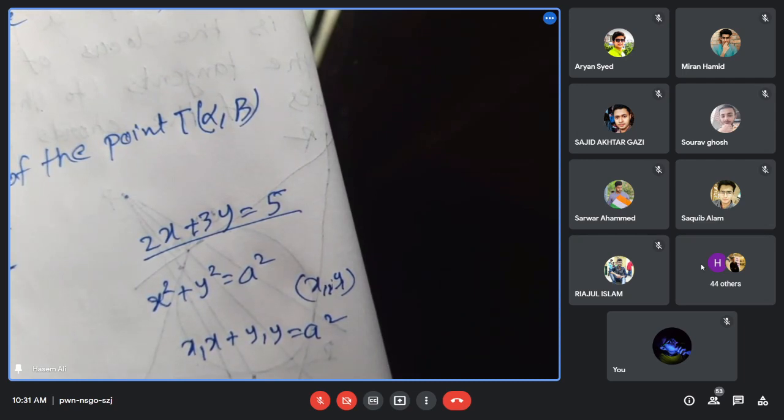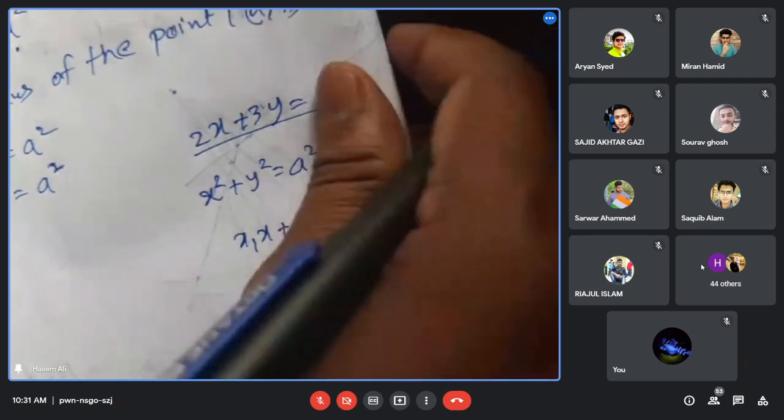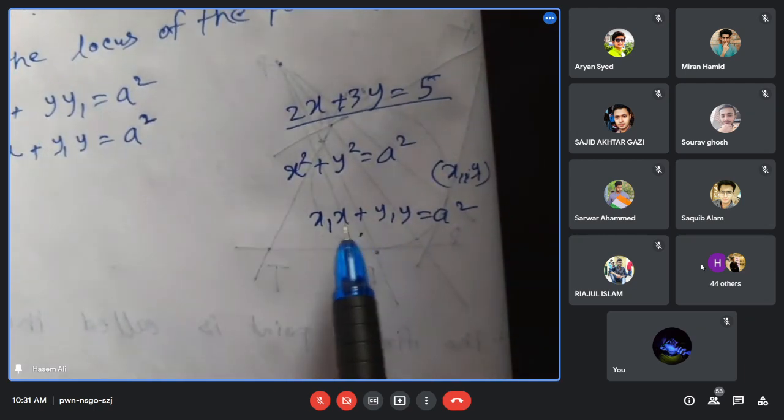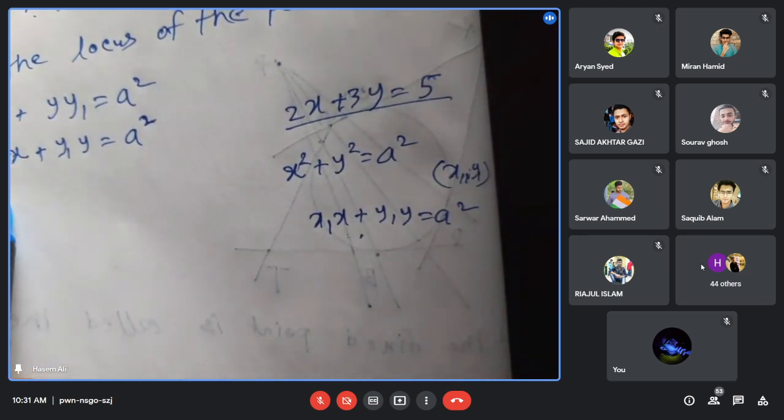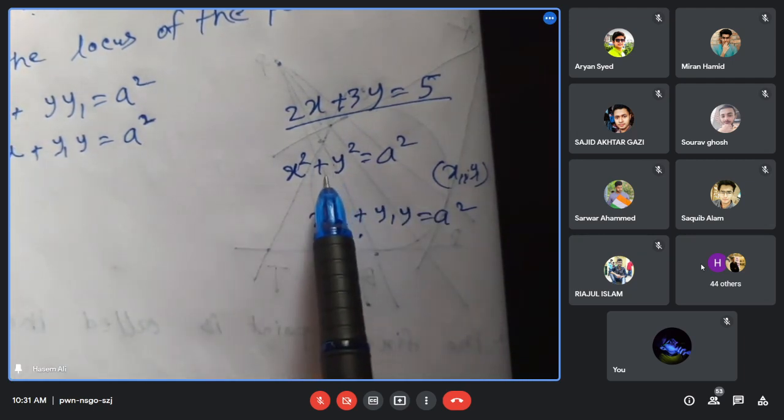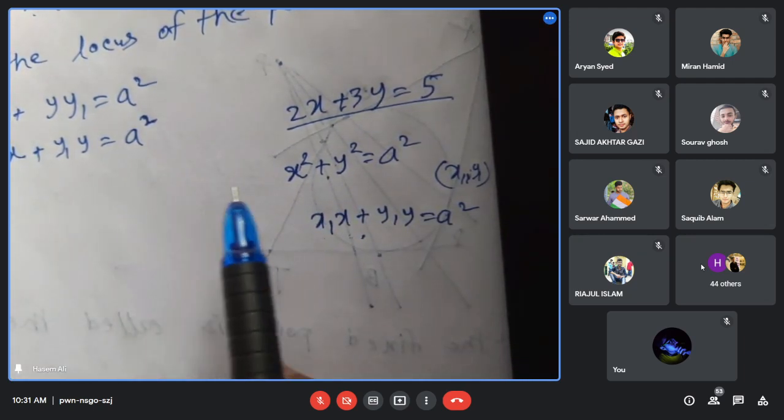Similarly, the equation of the tangent and the equation of the polar are the same with respect to the conic.